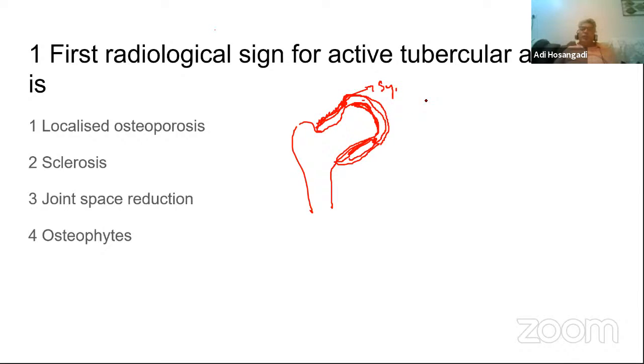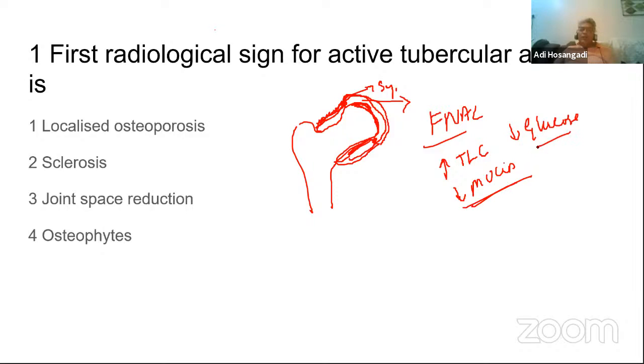Synovial effusion, of course, you have to remember the biochemical changes, which are helpful in diagnosis by FNAC, fine needle aspiration: there is increased total lymphocyte count, decreased mucin, and decreased glucose. These are the biochemical changes in the synovial fluid.